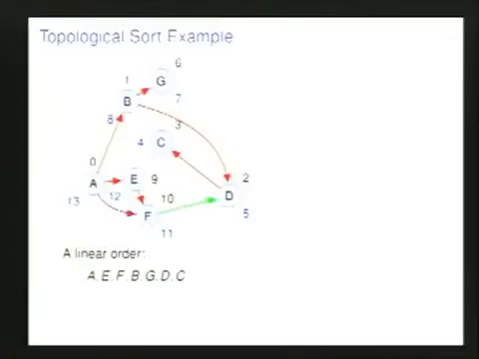What about C? C has no outgoing arc, so it's fine. E to F, that's the outgoing arc there. B has a G, and B to D. So all the arcs go this way, right? Okay, so this is a valid linear ordering for them.